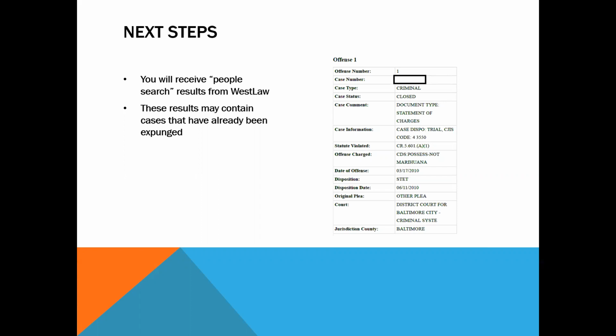So you can see on the right an example of what that's going to look like. That's a small snippet of what the overall case result printout is going to look like. But you can see the charges, the relevant dates, the outcome, and the case number, which has been hidden in this particular example, but it will be there. And you'll be able to go from there.